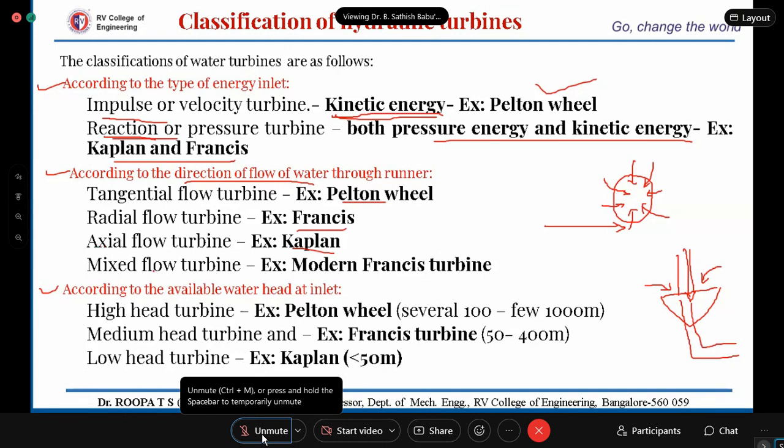Then mixed flow is entering radially and leaving axially. There will be a draft tube attached here, and water will be taken out through that draft tube. It is entering radially but leaving axially, so we say it is a mixed flow. So according to the direction of flow of water, we have these four classifications: tangential, radial, axial, and mixed flow.